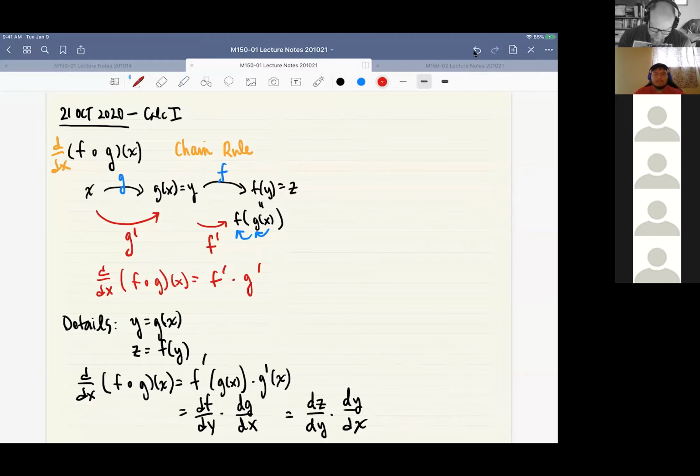And that's kind of neat because the far left-hand side, f composed with g, takes x to z. And so a person could write the derivative of the composition as what's dz dx? And the chain rule tells you it's dz dy times dy dx. And there's a cool little pattern here where it suggests there's cancellation.